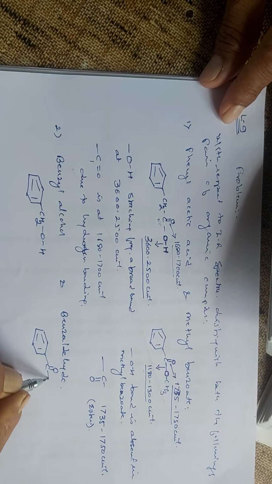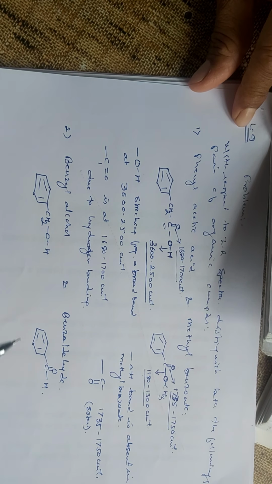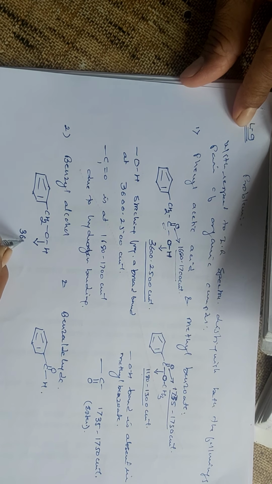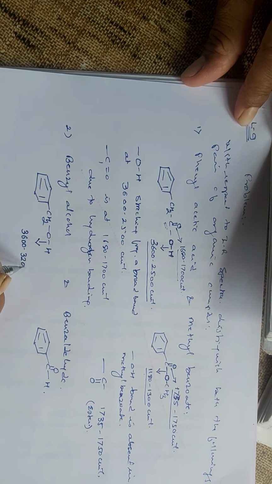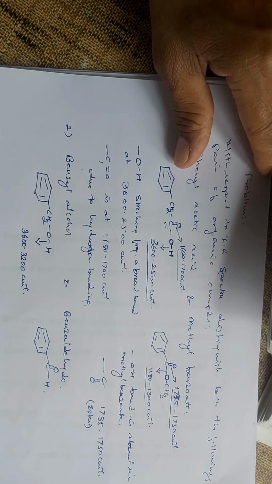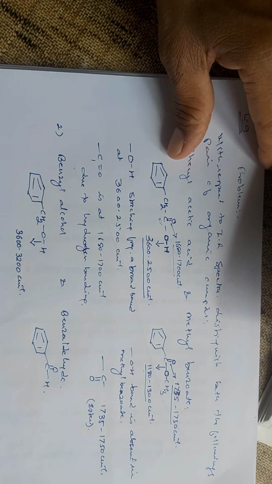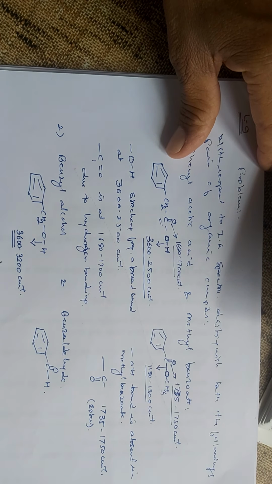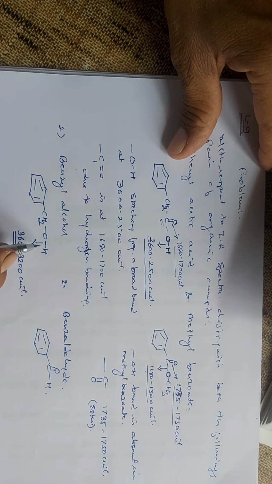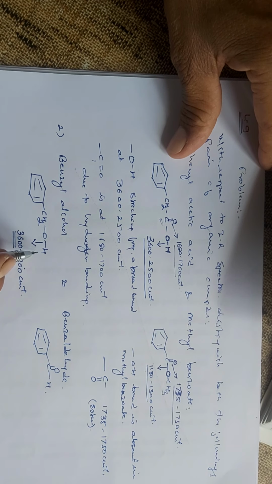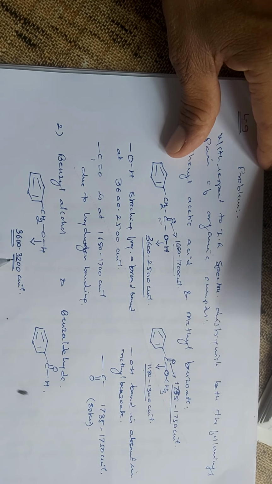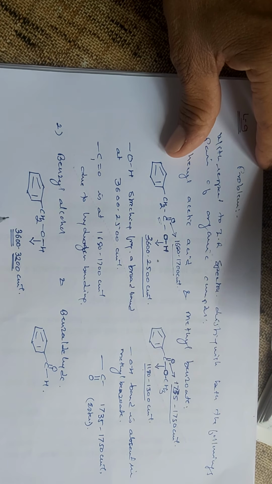So here the OH stretching frequency around 3600 to 3200 reciprocal centimeter will be seen, because here also hydrogen bonding is possible. If the solution is dilute, you will get a sharp band at 3600 to 3500, but if the solution is concentrated, there is a chance of hydrogen bonding, and so the absorption will shift around 3200 to 3500 reciprocal centimeter, and so this is your benzyl alcohol.